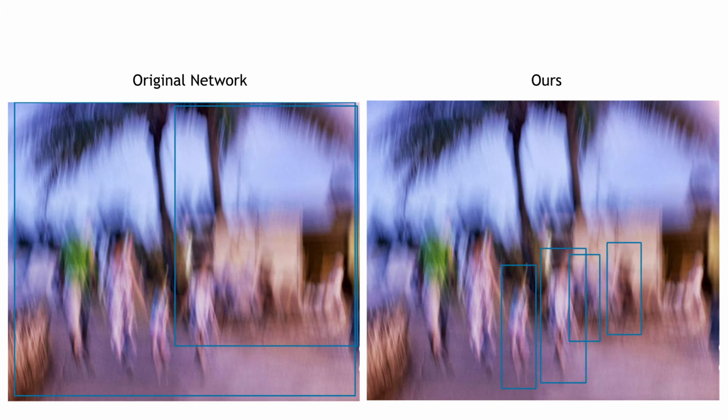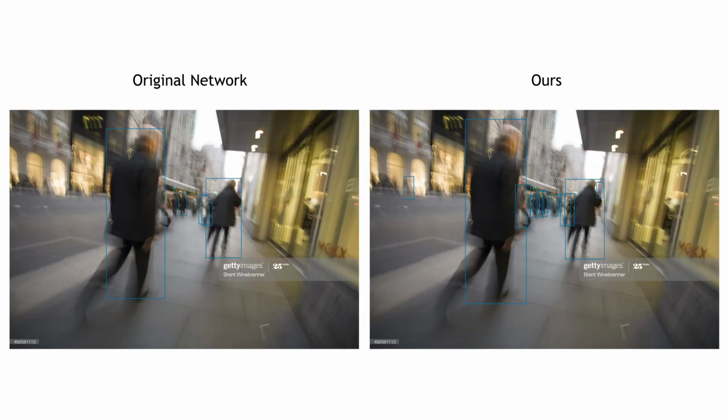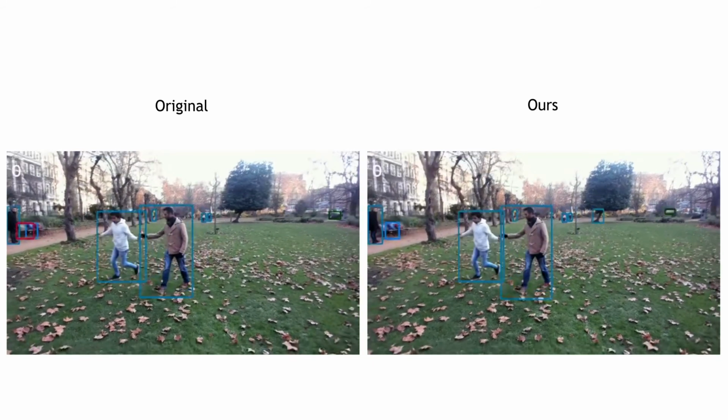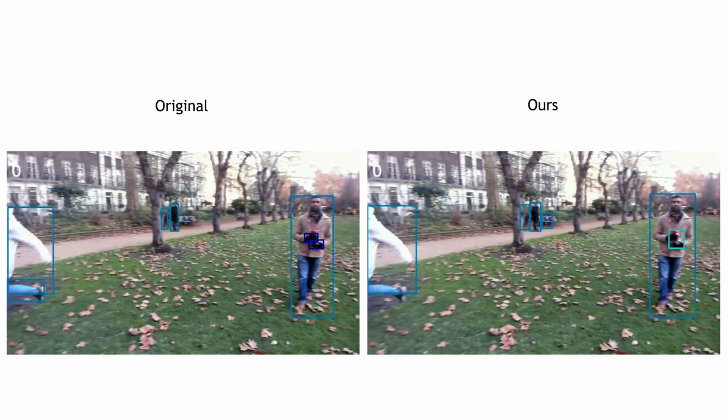Let's visualize the impact on real blurry images. The original model can detect objects, especially if they are fairly large, but it struggles to cope when the exposure is longer or the objects are smaller. Our model isn't perfect, but usually its detection accuracy is more tolerant of blur. In this sequence, the background people are especially better off with our approach.